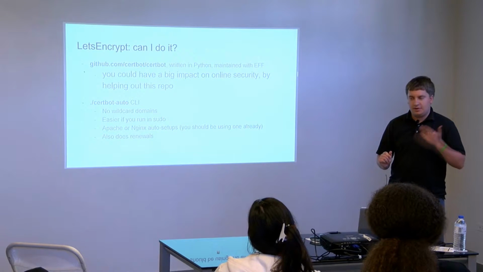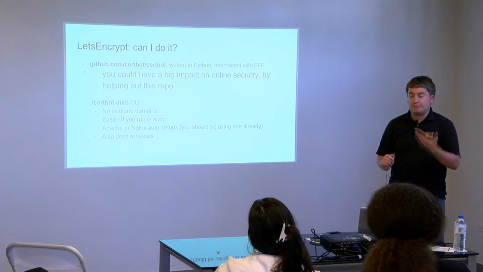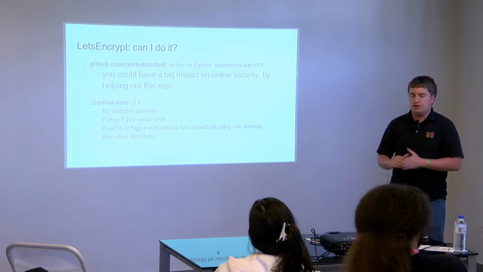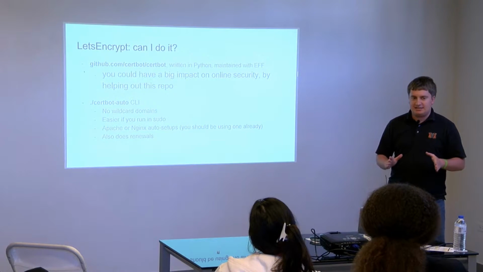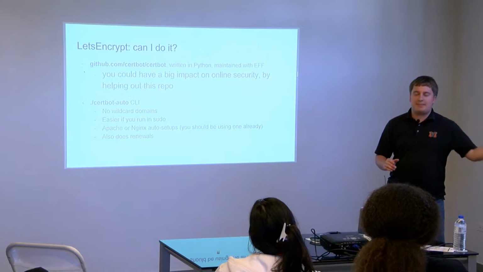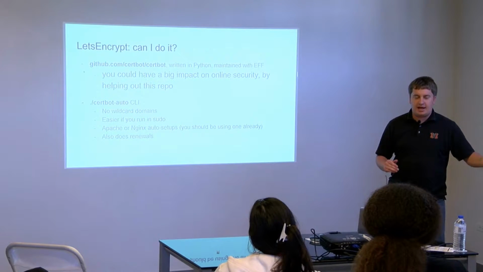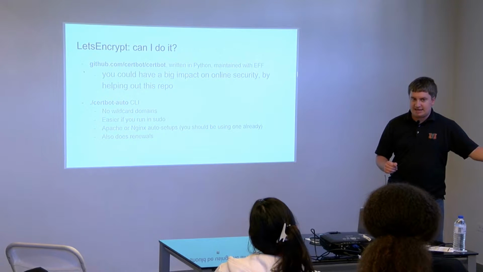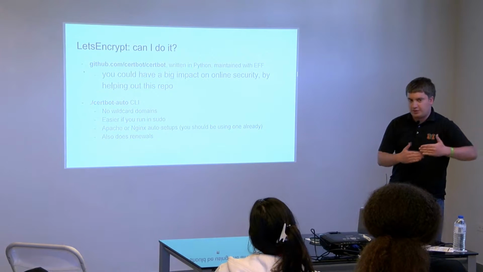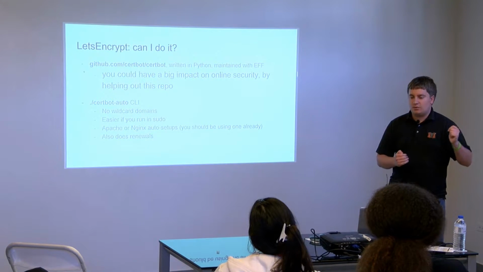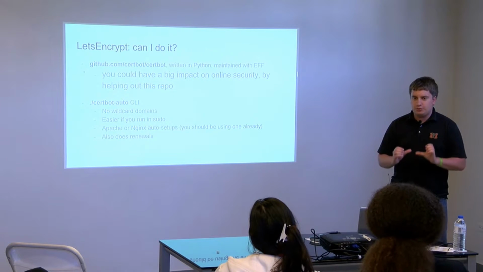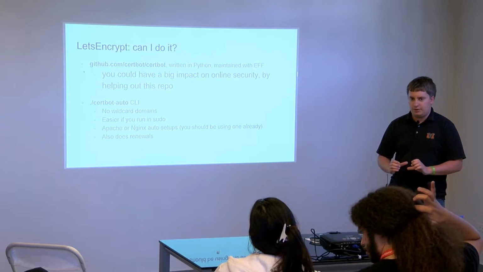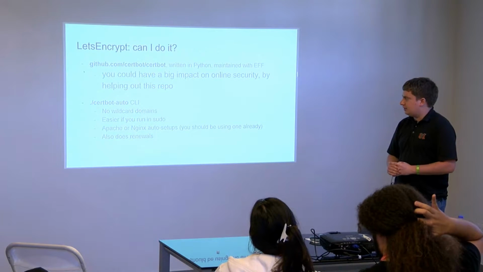For example, what if I said I own github.io? Obviously I don't. But if I said I did and they said, prove it, I would say go to mapmeld.github.io, and they would see that I controlled that site, and they might think that I controlled all the other sites. So what I'm getting at is LetsEncrypt only limits it to what they can prove that you control. That's a useful thing.